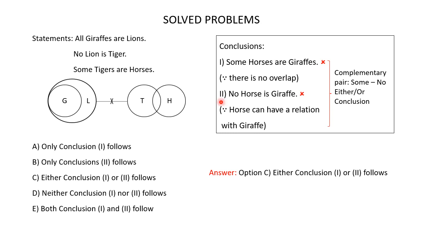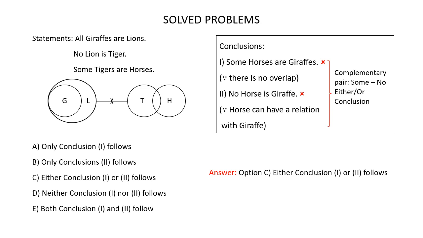Conclusion 2. No horse is giraffe. So in this Venn diagram, you have horses here and giraffes here. Now, as you can see in this Venn diagram, tigers cannot have any relation with lions. Now, since all giraffes are inside lions, tigers cannot have any relation with giraffes also.